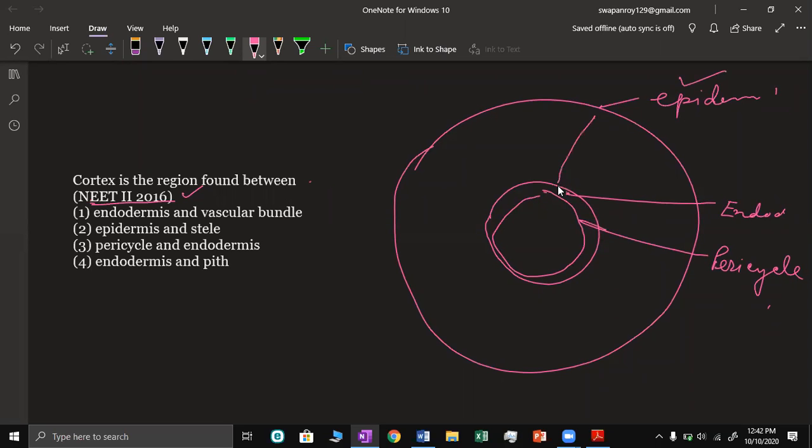It is from here to here. So in this portion, in the cortex, there is actually hypodermis, general cortex, and endodermis.